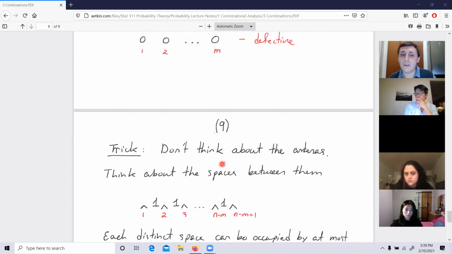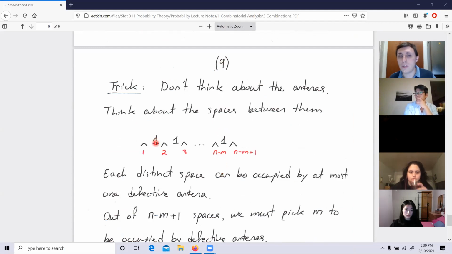So you can try to imagine the situation that you have spaces between the functional antennas. So there is a space 1 before the first antenna, space 2 before the second antenna, space 3 before the third, space n minus m before the n minus m functional antenna, and there is one space after that. So altogether we have n minus m plus 1 spaces.